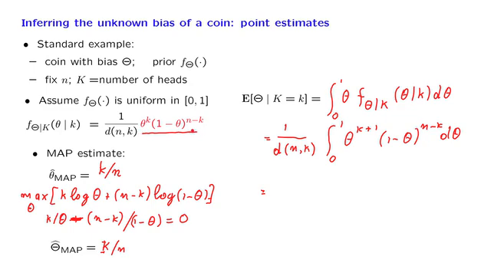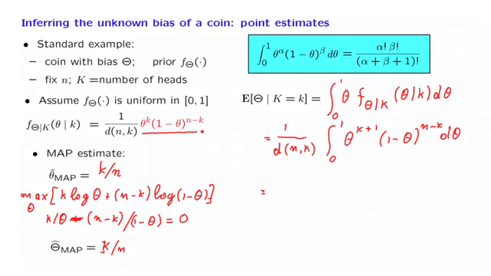Here we will be helped by the following very nice formula. This formula tells us that the integral of such a function of theta from 0 to 1 is equal to this very nice and simple expression. Of course, this formula is only valid when these factorials make sense, so we assume that alpha is non-negative and beta is non-negative.